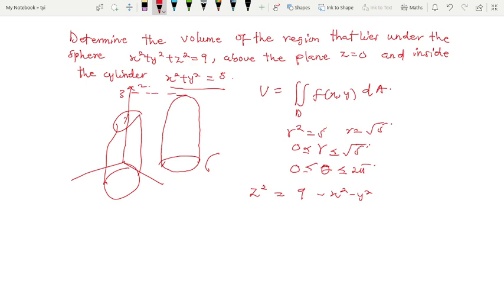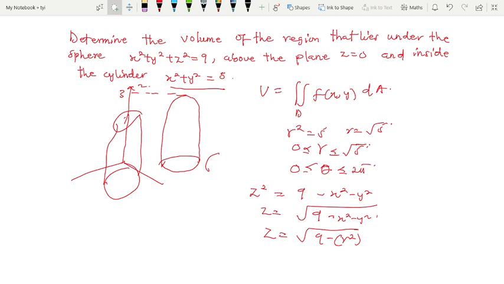So our z is simply equal to square root of the expression 9 minus x squared minus y squared. Since we want to simplify this in the polar coordinates, I'll convert this to polar form. So z will be equal to square root of 9 minus the expression x squared plus y squared, also the same as r squared. So this is what we get as our function.